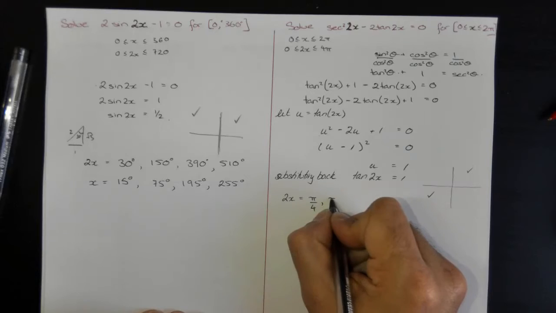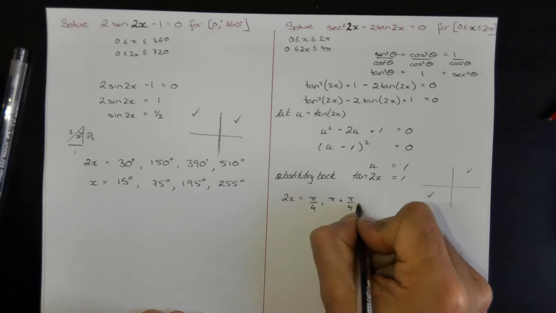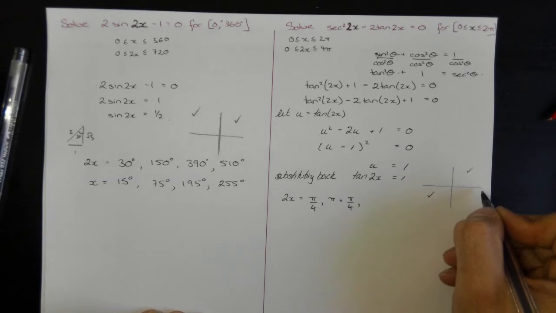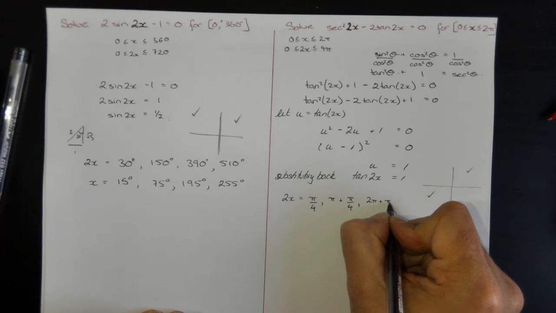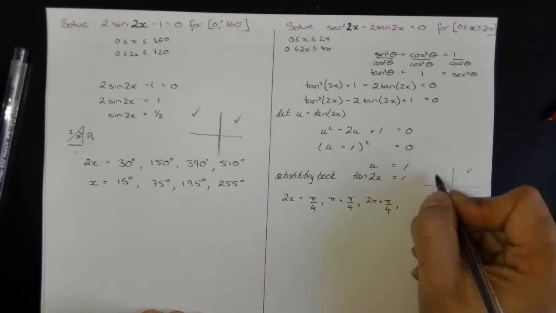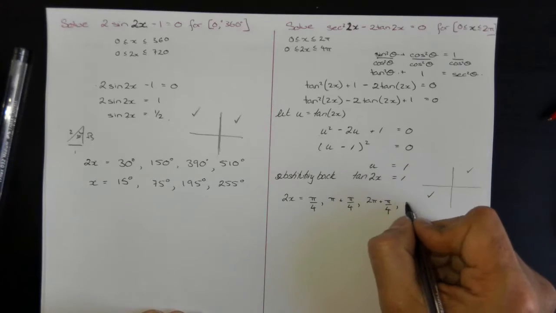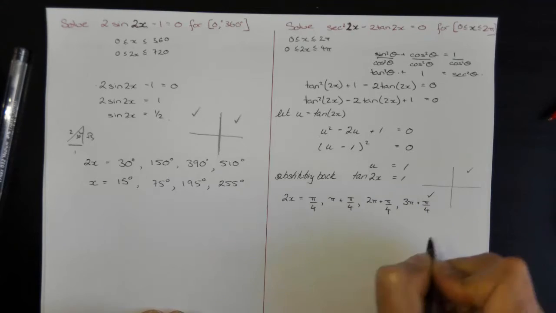This here is pi plus pi on 4. We're going around it twice, so we really want 2 pi plus pi on 4. That's 2 pi. This is 3 pi plus pi on 4.